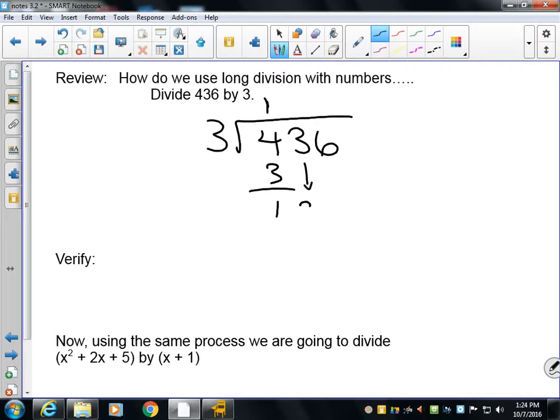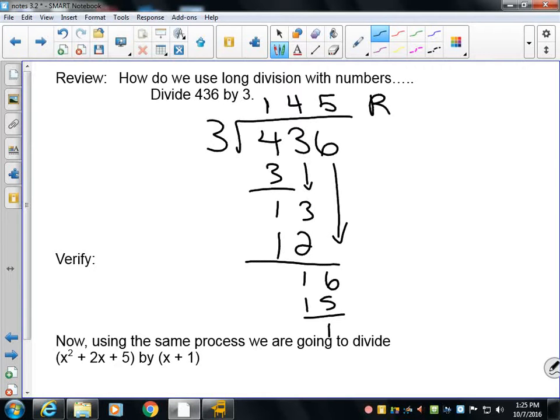Carry it down. How many times does 3 go into 13? 4 times. That gives us 12 because 3 times 4 is 12. Carry the 1 down, bring the 6 down. 3 goes into 16. 5 times. 3 times 5 is 15. And we get a remainder of 1.